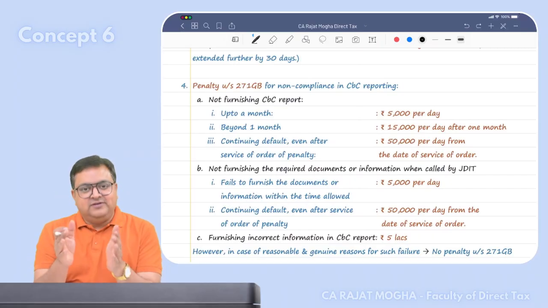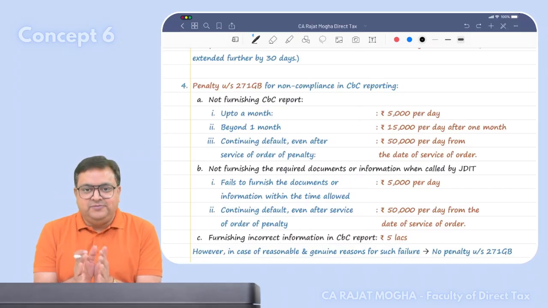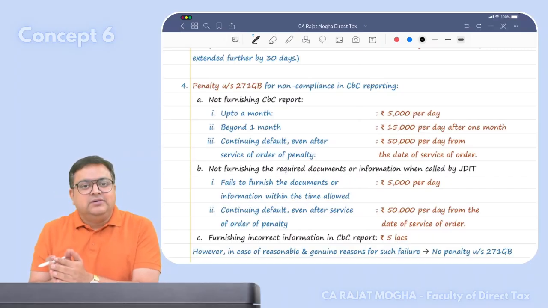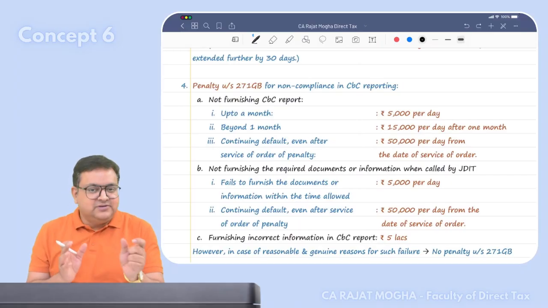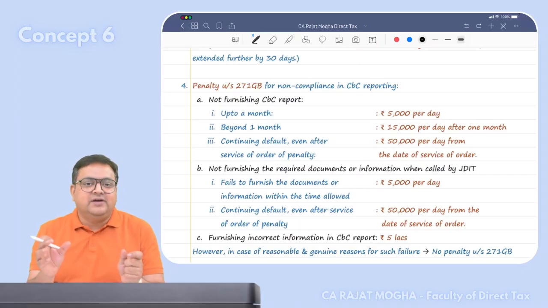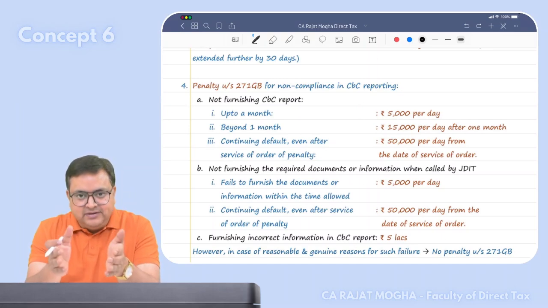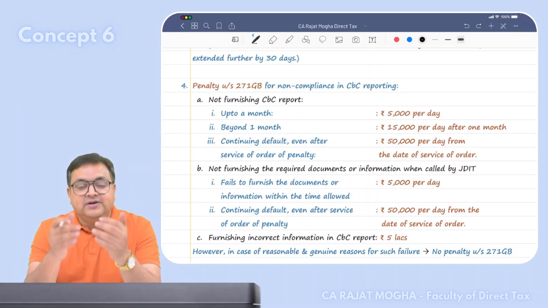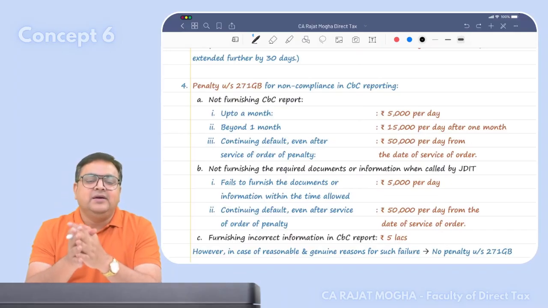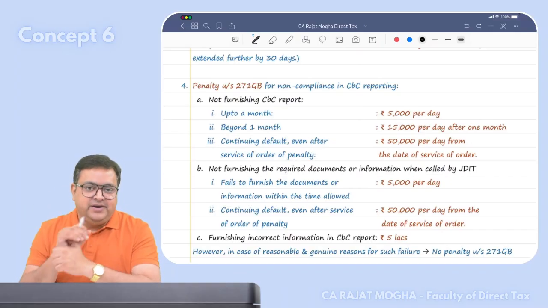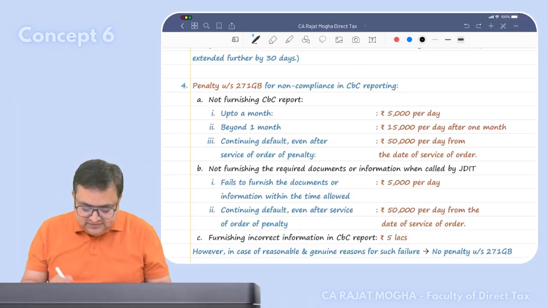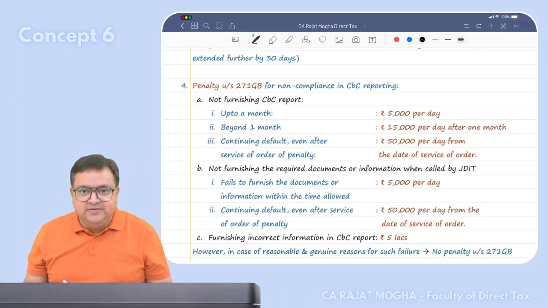Understood? First 30 days, 5,000 rupees per day. Beyond, 15,000. And once the order of penalty is also served on you, still you are not paying, after that, 50,000 per day. Great. This is the penalty for non-furnishing CBCR report.